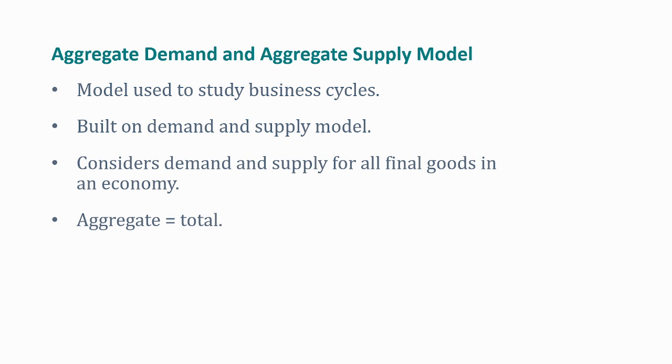Here we see that aggregate means in total. We are not looking at a single price, but at the price level. This will be on the vertical axis, just like price was in the original model.